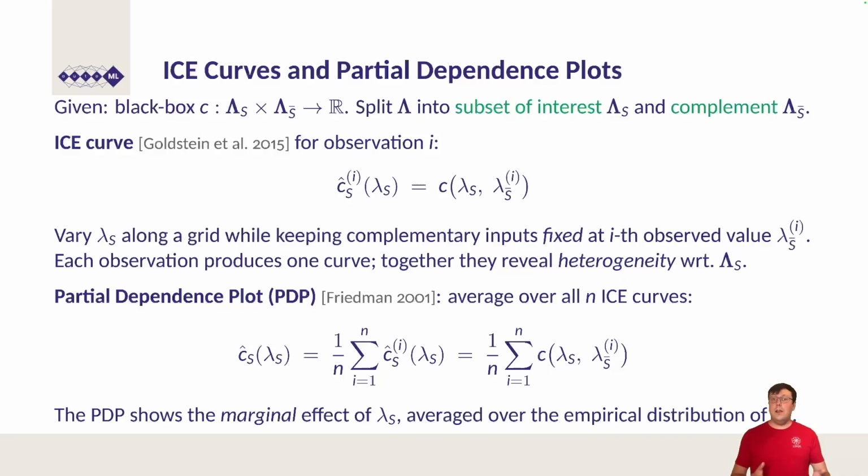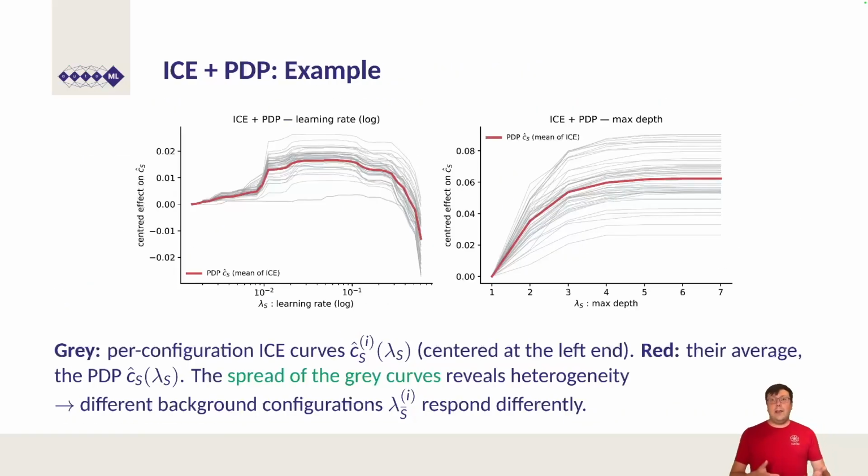So ICE gives the conditional responses. The PDP gives the marginalized one. Note, this is precisely the fANOVA marginal function from the previous section evaluated under the empirical rather than the uniform measure. Concretely, the gray curves are the per-configuration ICE curves, aligned at the left endpoint to compare shapes, and the red curve is their average, the PDP.